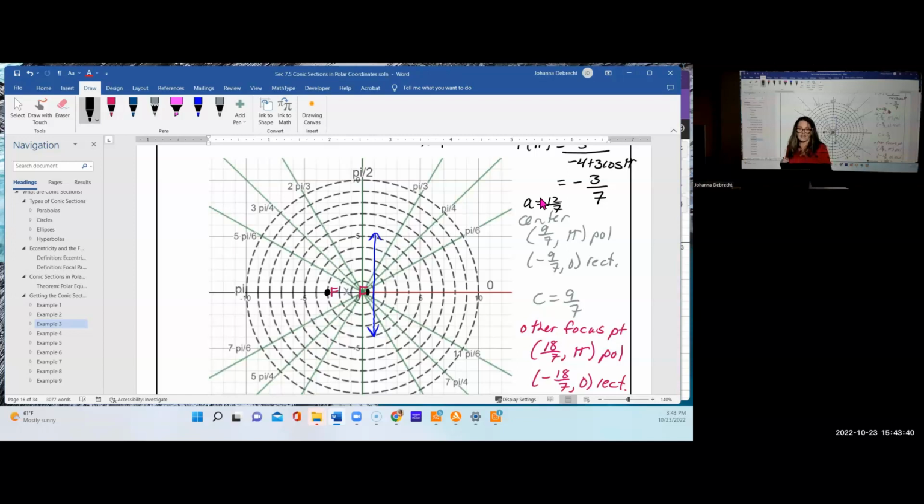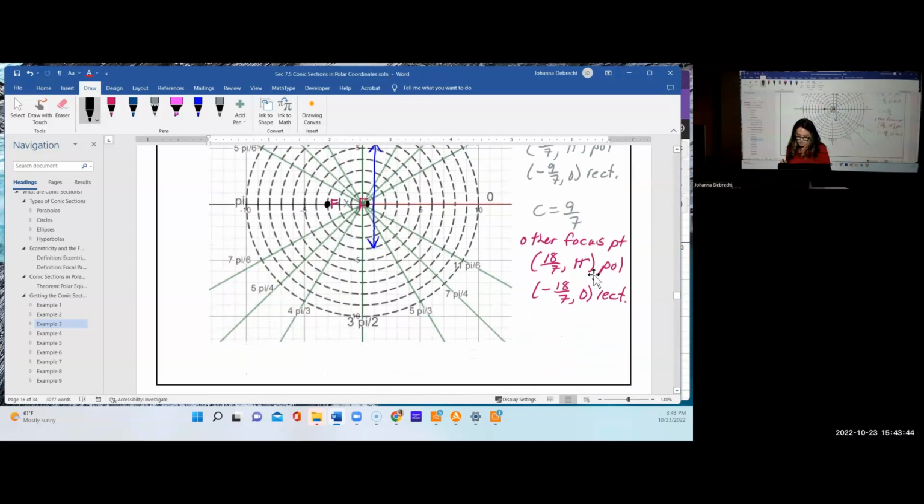And then we take a squared minus c squared, take the square root, which gives us 3 over the square root of 7, which I believe we said 3 over the square root of 7 is about 1.13. So that would be up from the center 1.13, which is about here, and down 1.13 is about there. And then we do our best to make it look like an ellipse.